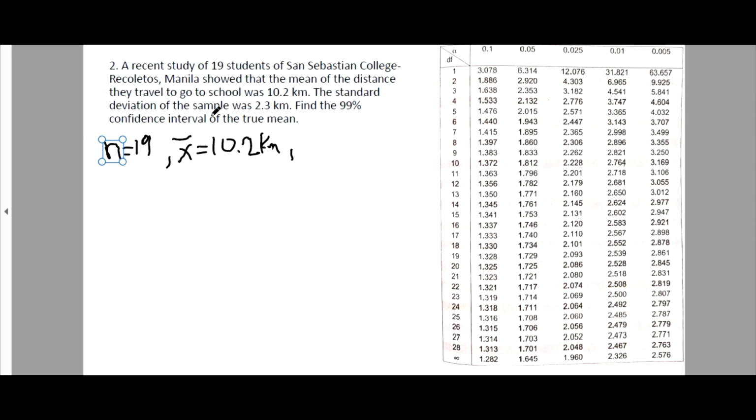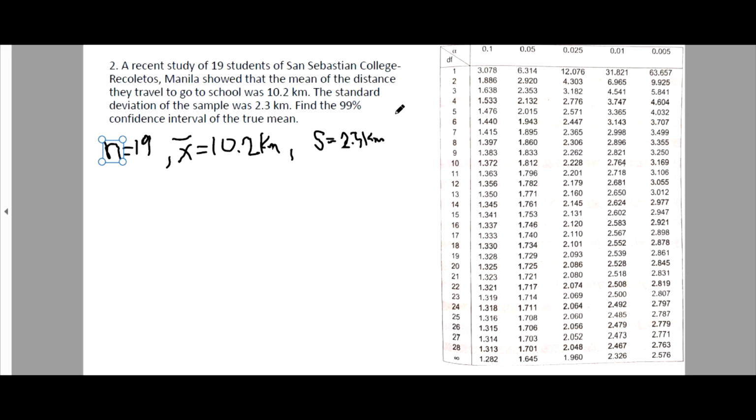Next, the standard deviation of the sample, so meaning this is S. So this is 2.3 kilometers. So again, find the 99% confidence interval of the true mean.